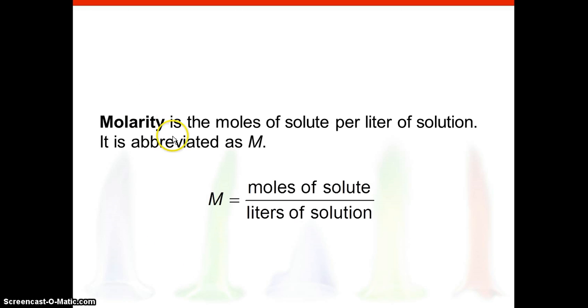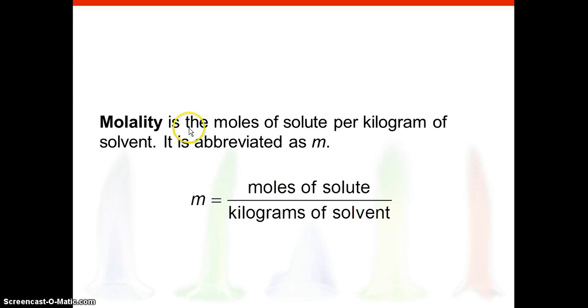Let's talk about molarity. Molarity is moles of solute per liters of solution. So in here, temperature affects molarity. It's moles of solute per liters of solution. Let's talk about molality.